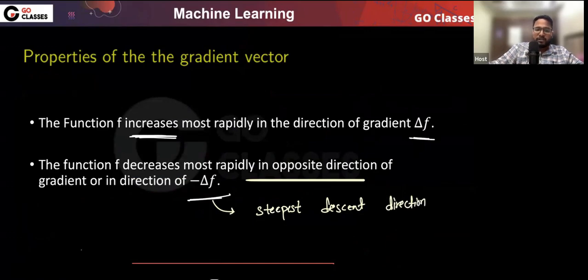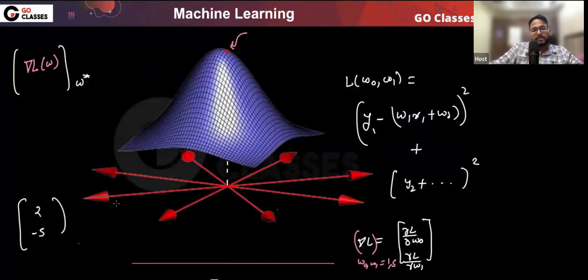For example, let me give you a very familiar example. Here, this gradient is in 2D or 3D? You just told me it is in 2D. Now I'm taking the gradient with respect to W0 and W1, that's why it is in 2D.